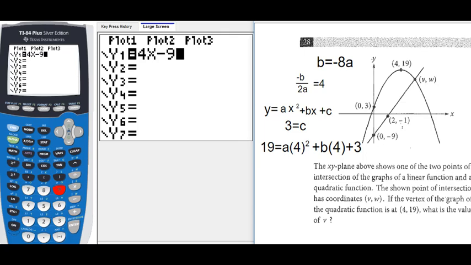And since 4, negative 19 is the vertex, for the vertex, I have negative b over 2a equals 4. So you will get the b equals negative 8, which means I will change b into negative 8, plug in this equation, and make sure equal to 0.